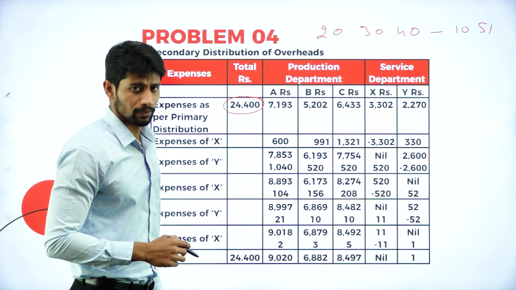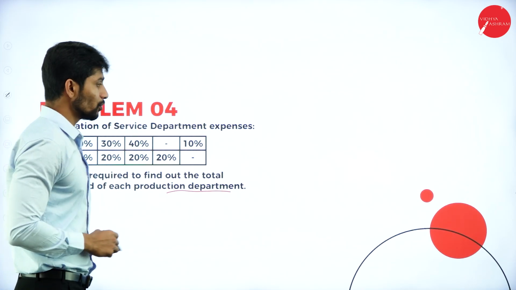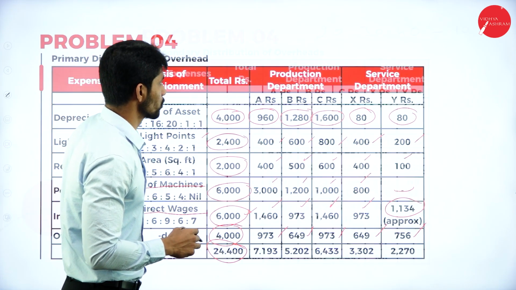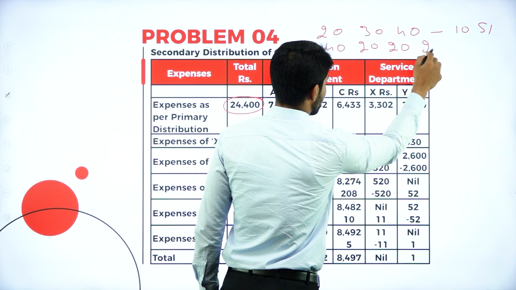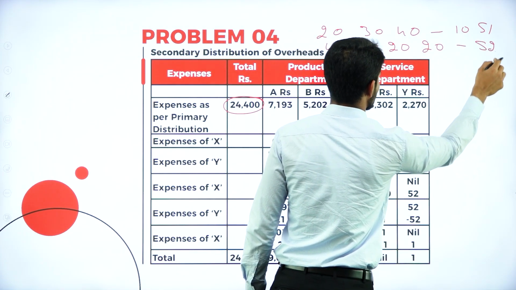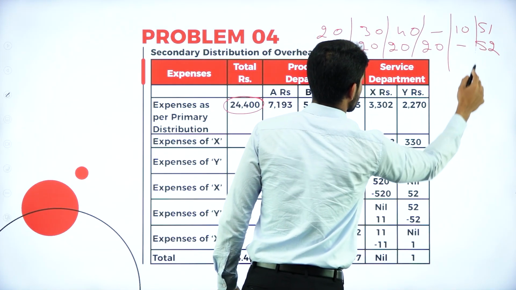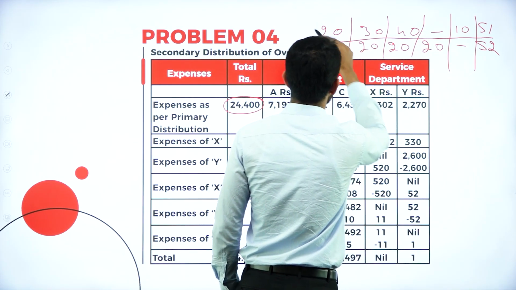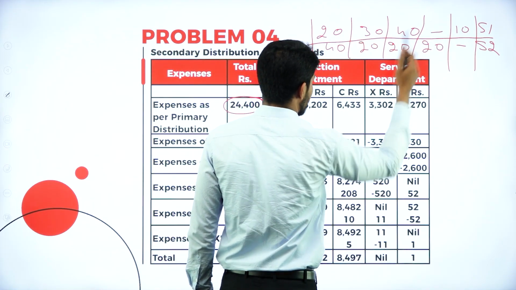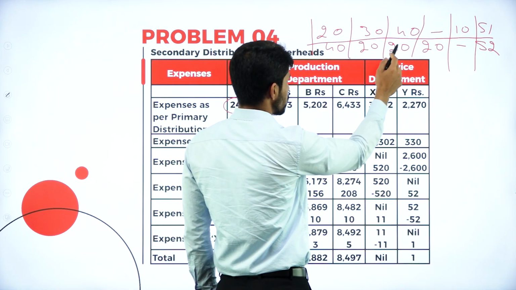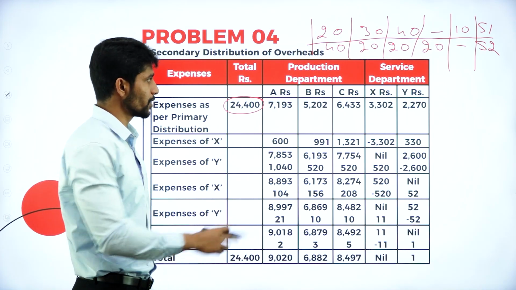Next, S2: 40 is to 20 is to 20 is to 20, with nil for itself. Whatever expenses are available, we are supposed to distribute based upon these percentages.